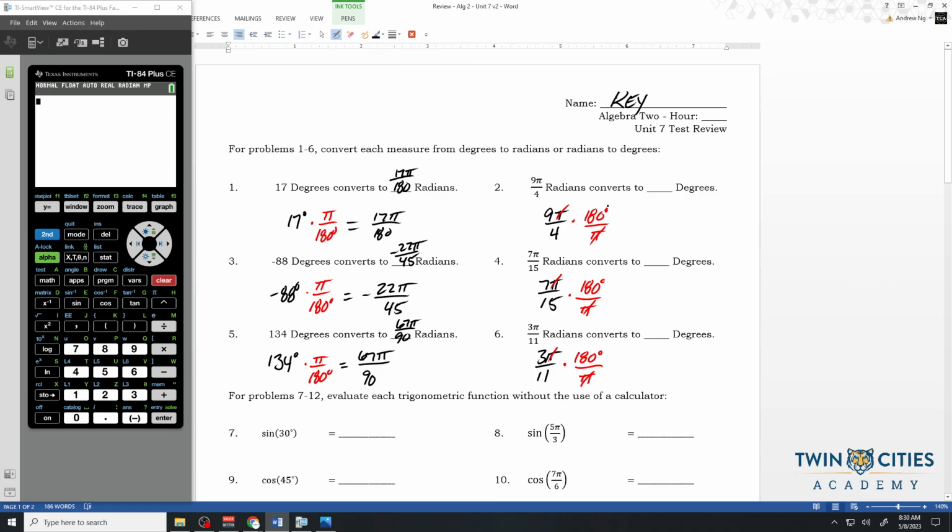And what you're left with is 9 times 180 divided by 4. So in the calculator, just go ahead and put 9 times 180 and then divide by 4. This is 405 degrees. The next one, 7 times 180, divide by 15.